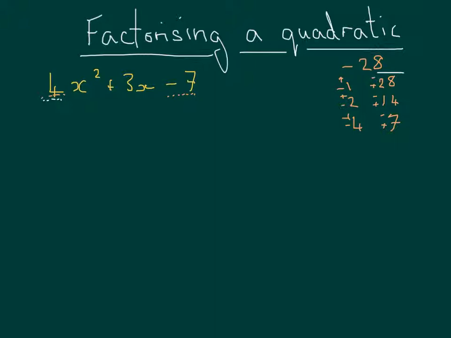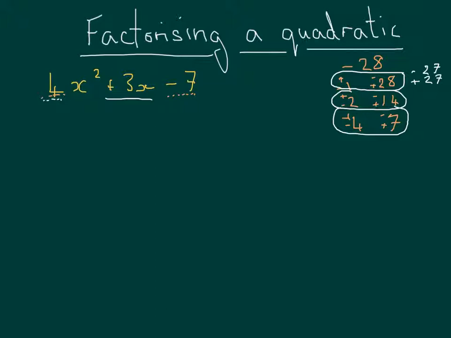And like the previous questions, we're going to look at the factor pairs and see what combination of these factor pairs, by adding and subtracting them, will give us this plus 3x. So plus 1 take away 28 is minus 27. Minus 1 plus 28 is plus 27.